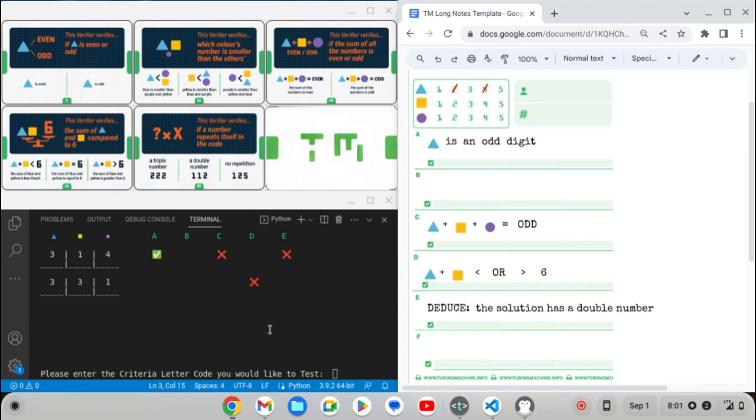And so, let's see, that would be criteria card B. Let's go ahead and test B. Okay, so that is also incorrect. So let's go ahead and type that up, and we'll say that triangle or square is actually the smallest, and circle isn't.